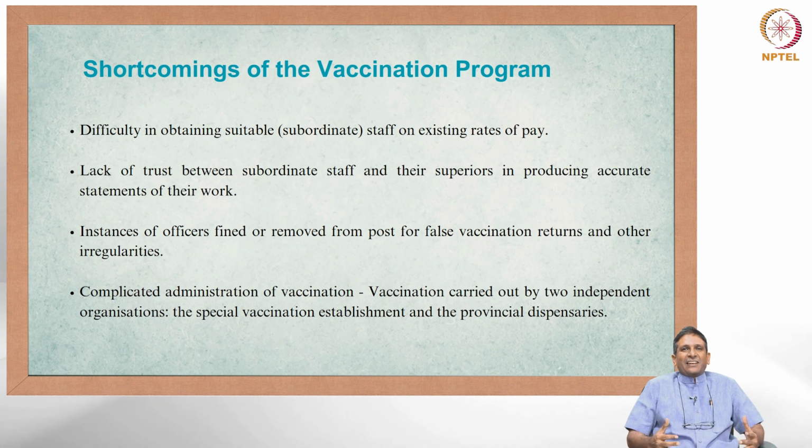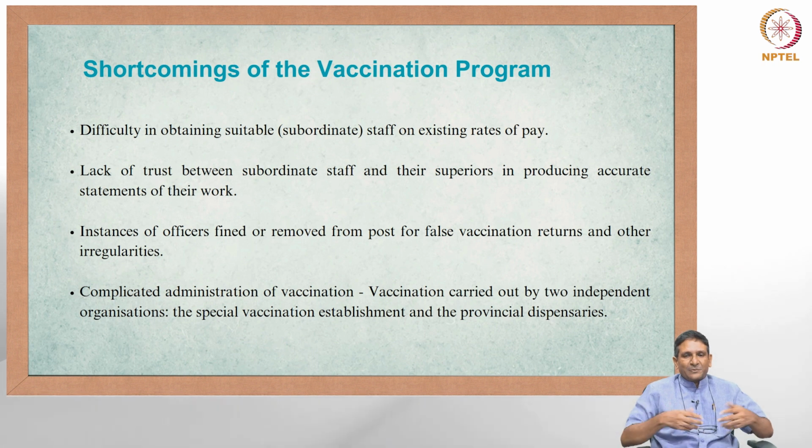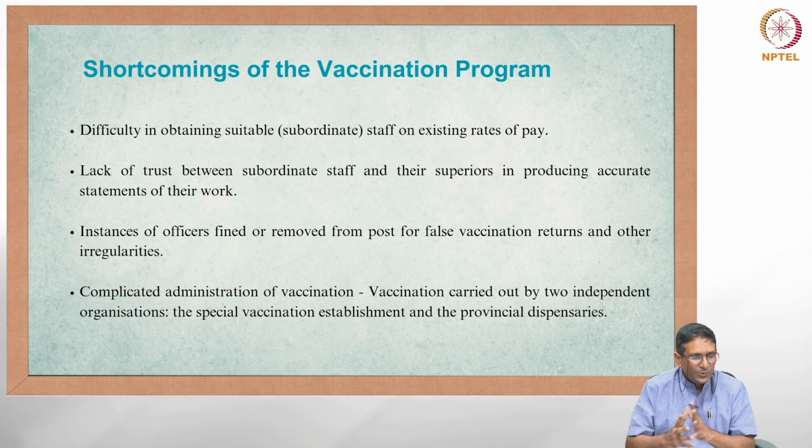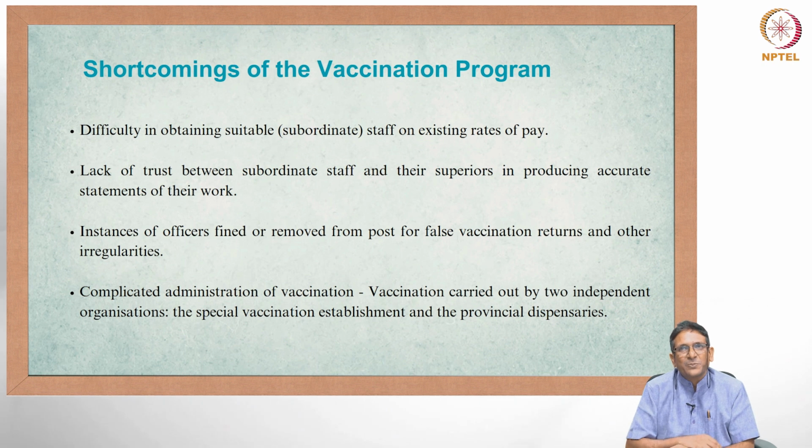We are still in a period where all these concerns about public health and sanitation are just in their embryonic stage, and therefore there were clashes about who was in charge of what. For instance, here vaccination was carried out by two agencies: a special vaccination establishment, and also the dispensaries, which were already there.